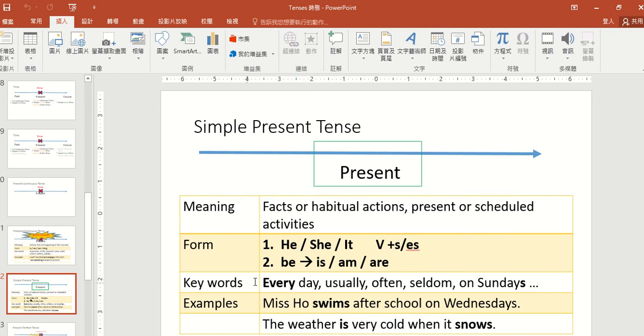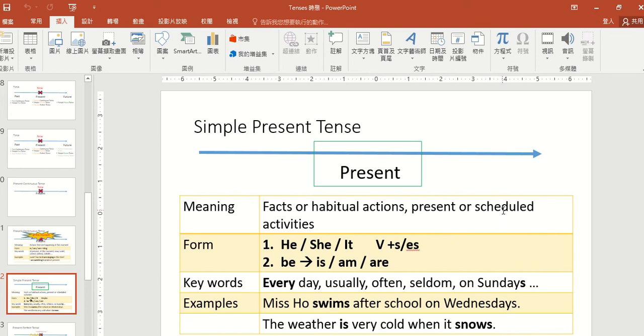You can change it, but the important word would be every. And then usually, often, seldom, and on Sundays, and so on and so forth. There are so many more, so you will have to refer to the meaning, if it's a fact, or it's your habit, or it's something that is scheduled.